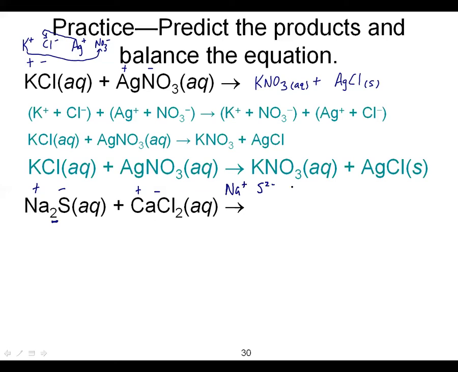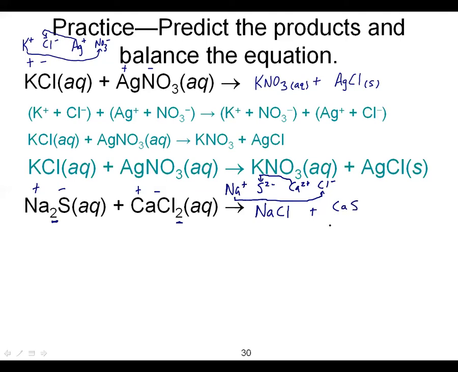Calcium chloride is calcium with a +2 charge and chloride with a -1 charge. We switch partners, so sodium and chloride give sodium chloride, and one calcium at +2 with one sulfur at -2 gives calcium sulfide.